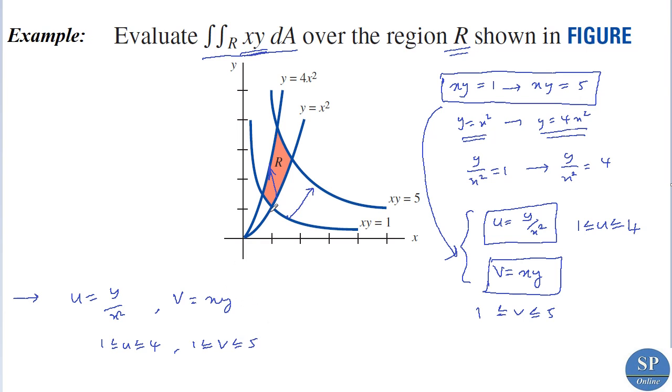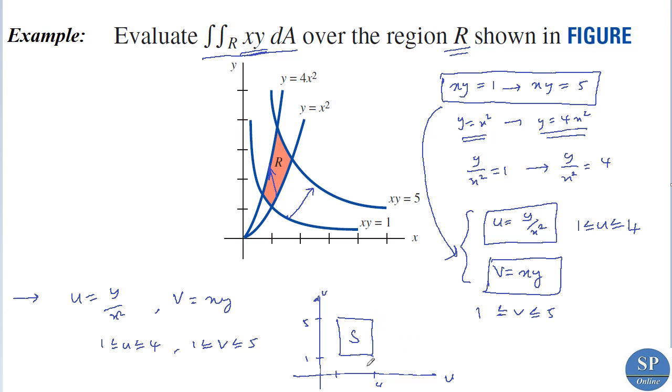That means this region R in the xy plane can be converted to the rectangle where u varies from 1 to 4 and v varies from 1 to 5. So we'll have this rectangle.